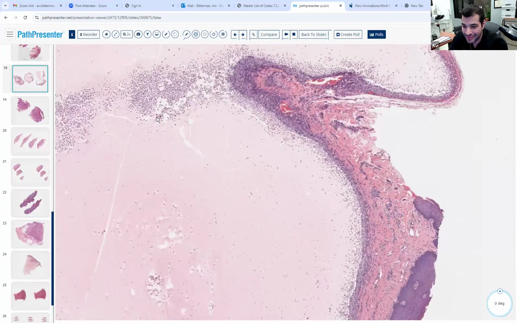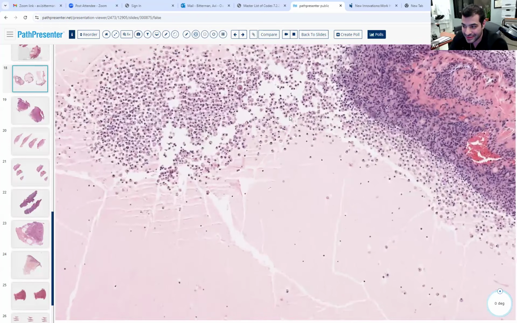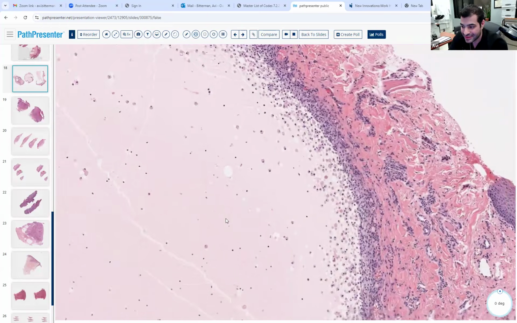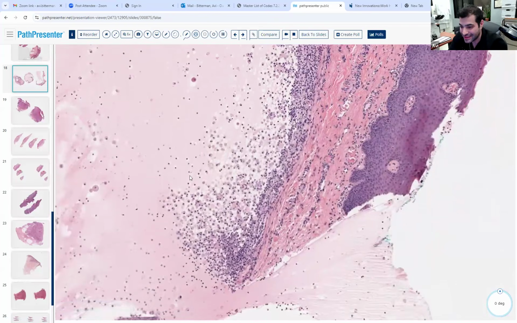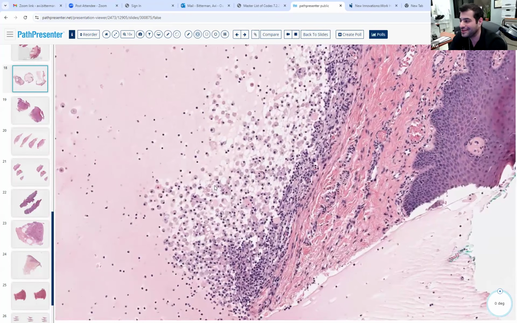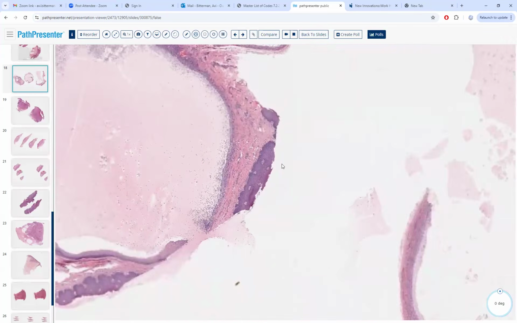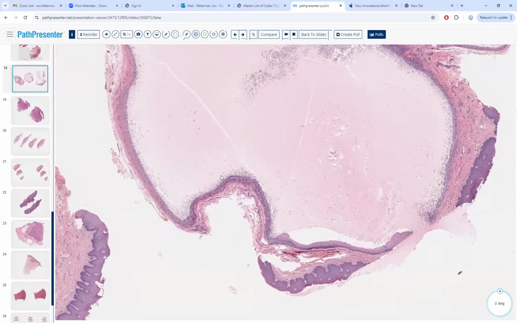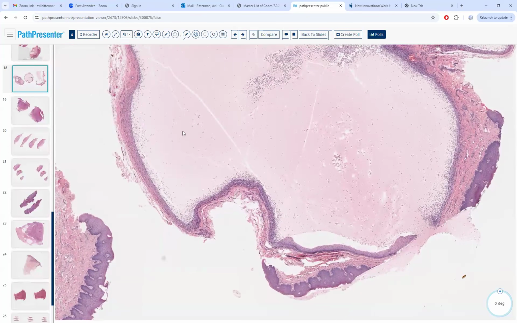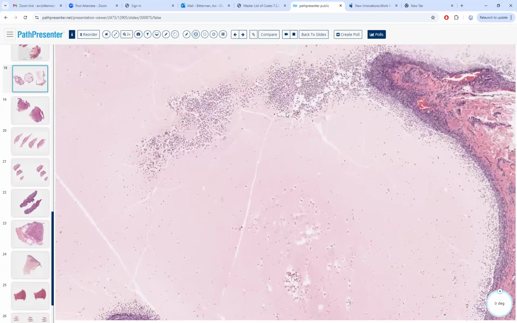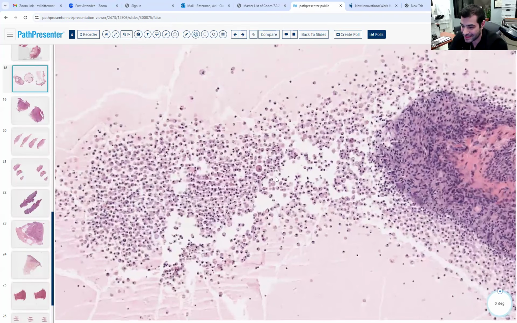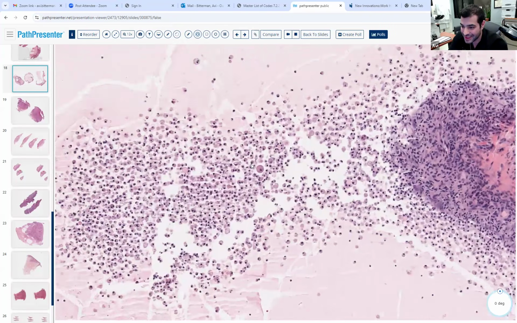Let's describe it and be more specific. Does this look like a trichilemmal cyst? Does this look like an epidermal inclusion cyst? No. Is it a median raphe cyst? No. A mucocele? What are these cells?